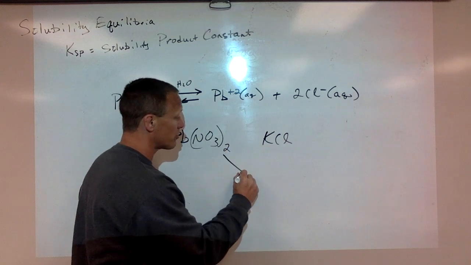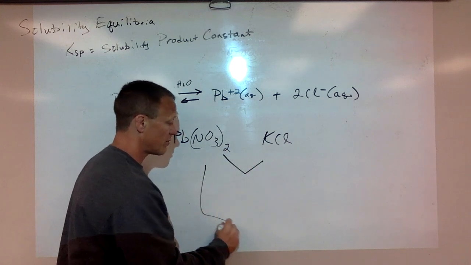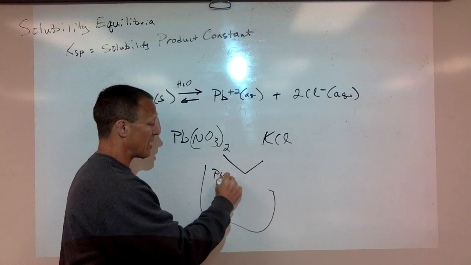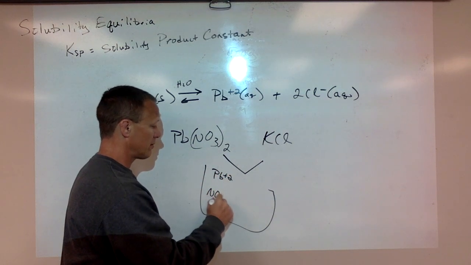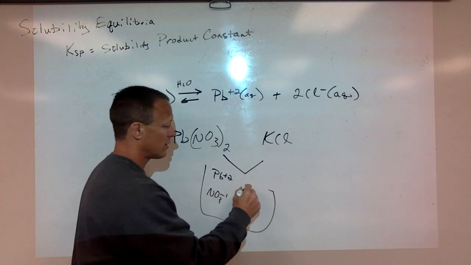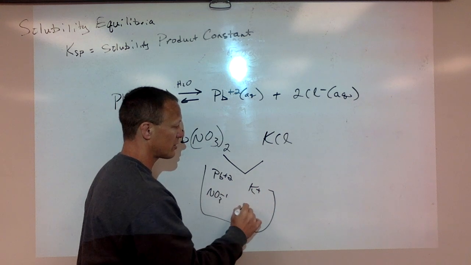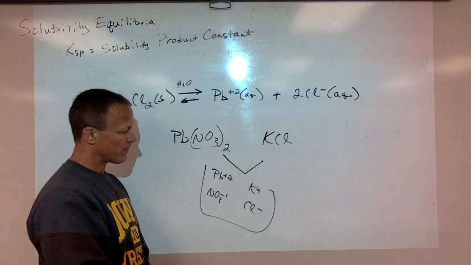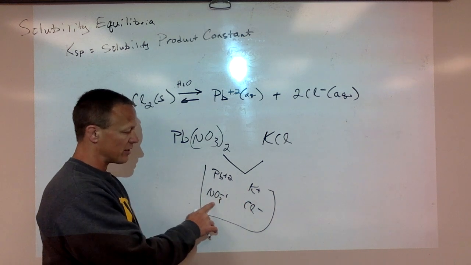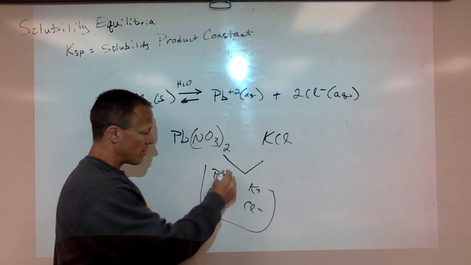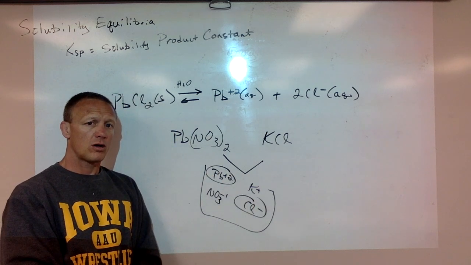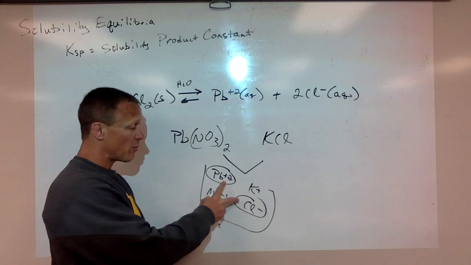But if we mix those two solutions together in a beaker, now we're going to have some lead ions, some nitrate ions, some potassium ions, and some chloride ions. Anything with potassium or nitrate stays aqueous. But with lead and chloride, some of them will dissolve, but some will form a precipitate.